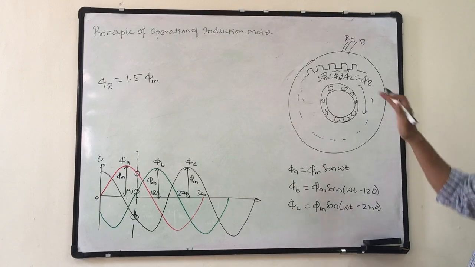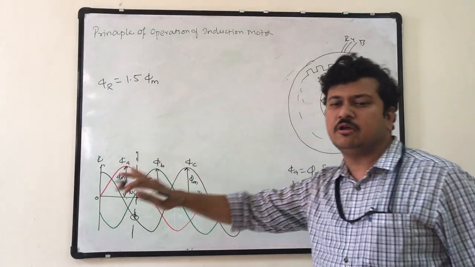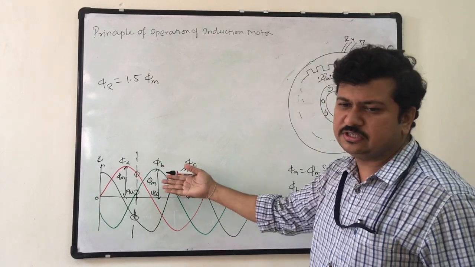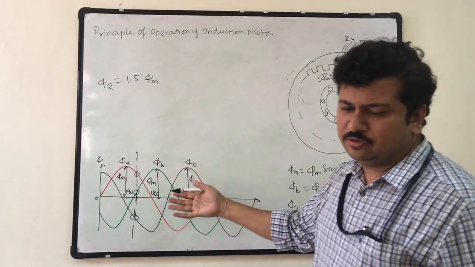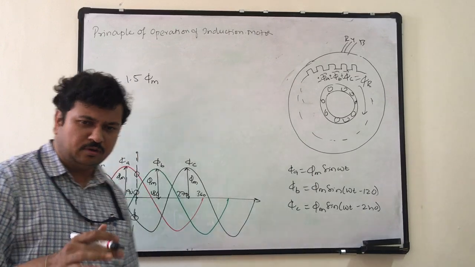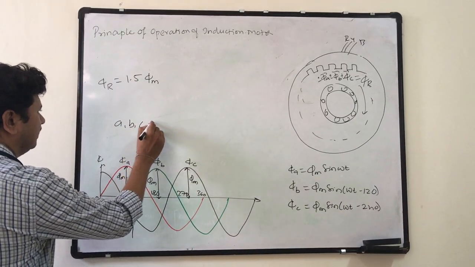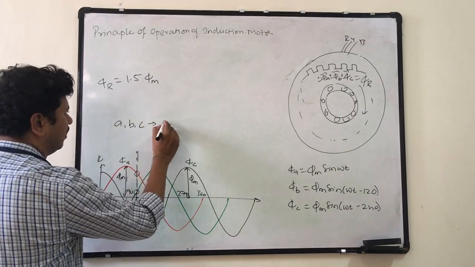So either it will rotate in clockwise direction or anti-clockwise direction, depending upon the phase sequence. Okay, so it is experimented and noted that if the phase sequence is A, B and C, the RMF rotates clockwise.